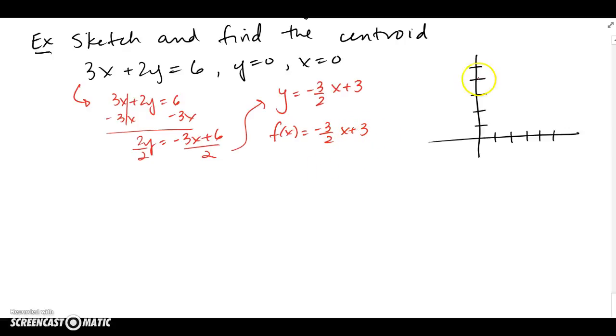So we got a y-intercept of 3 and a slope of negative 3/2, so down 3, 2 to the right. So we've got this line, and that line is also bounded by this guy that says y is equal to 0, and y equal to 0 is just the x-axis, so at the bottom it's bounded by that.